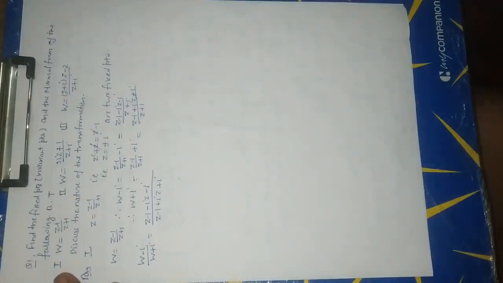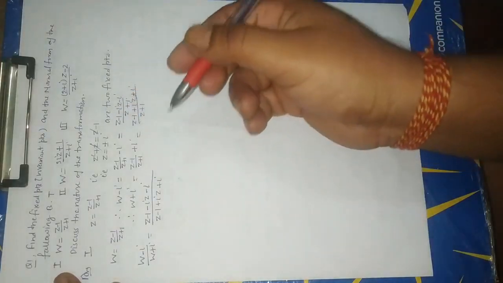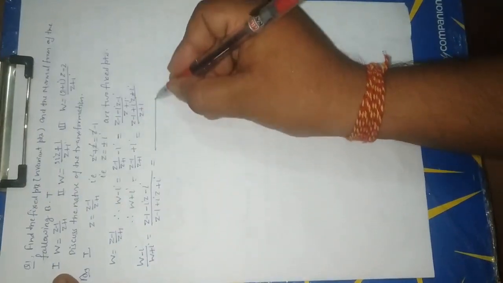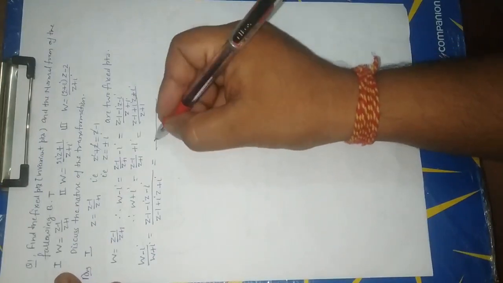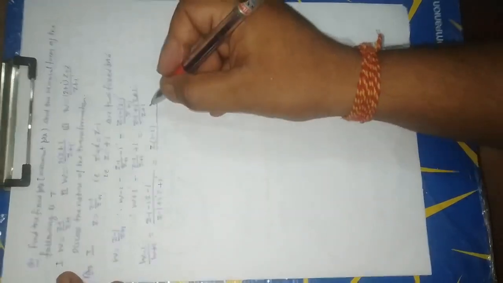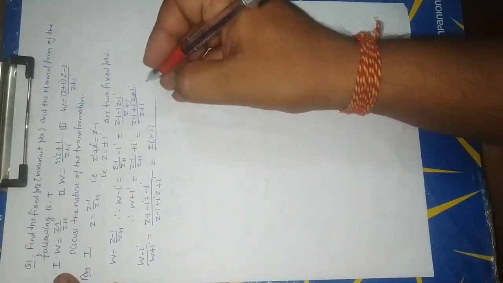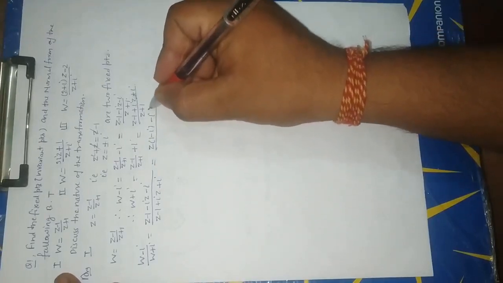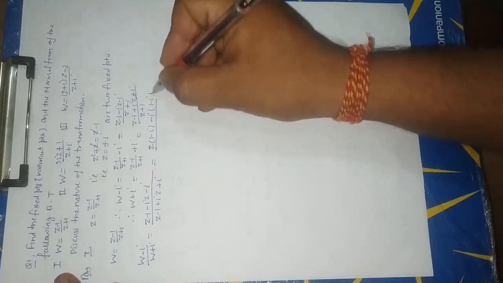Since we noted there are two fixed points, alpha and beta, the normal form can be written as (W minus alpha) upon (W minus beta) is equal to this. Now factorize. Taking Z common in the numerator, 1 minus i; now minus i common, 1 minus i.